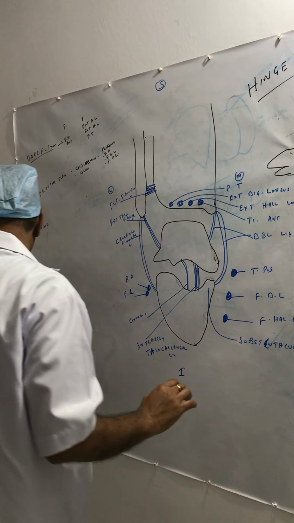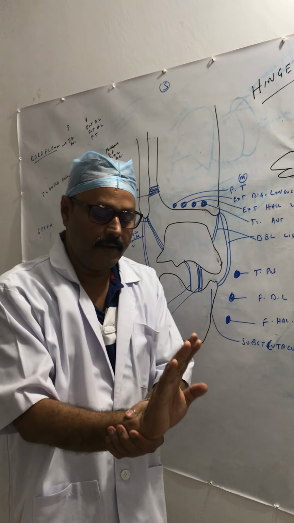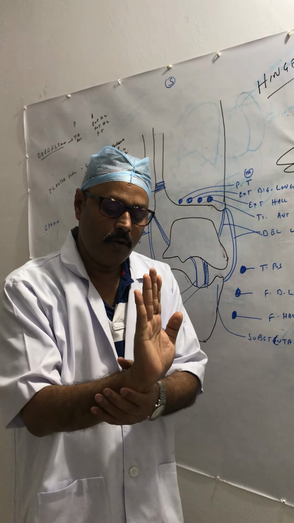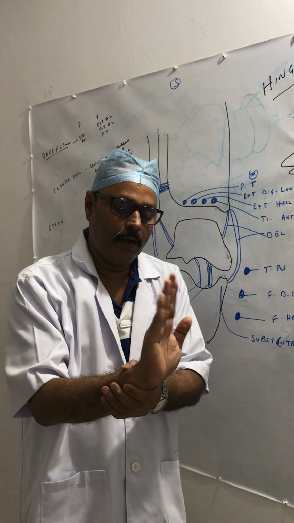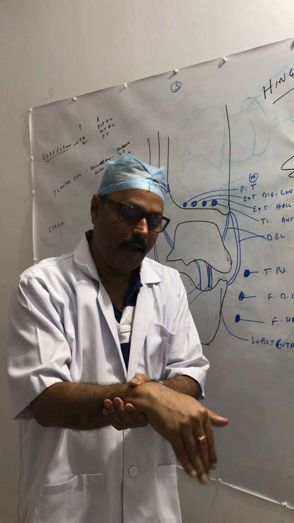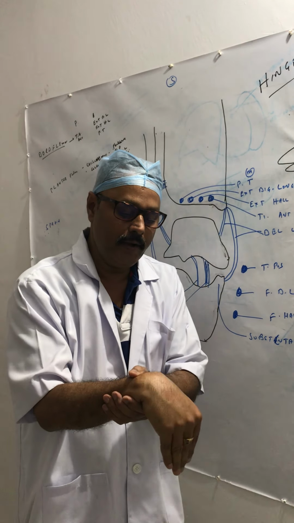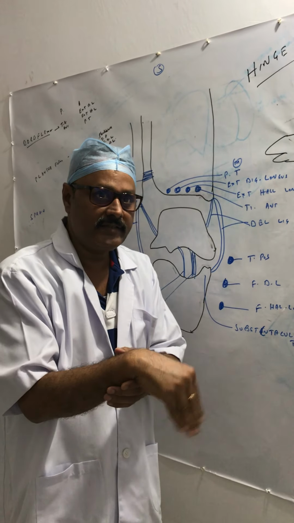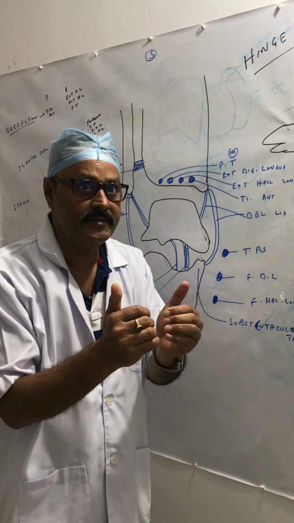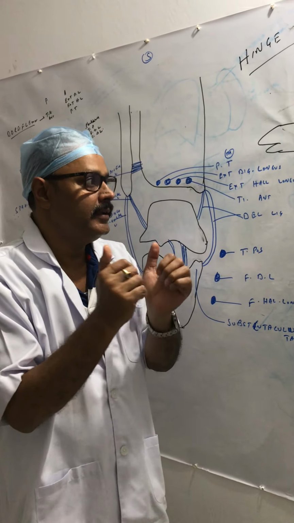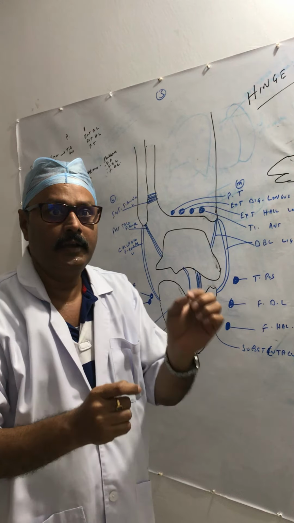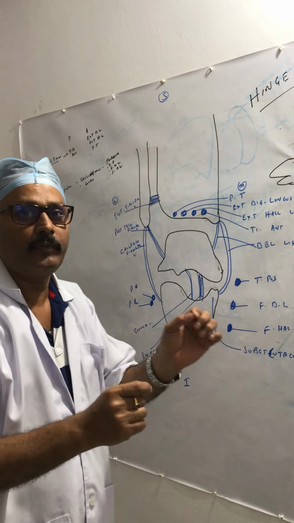Now, suppose this is my foot. I can do this movement and this movement. Both movements are known as flexion. Flexion means when the two surfaces come close together. In the case of the ankle joint, we don't have extension of the ankle joint.